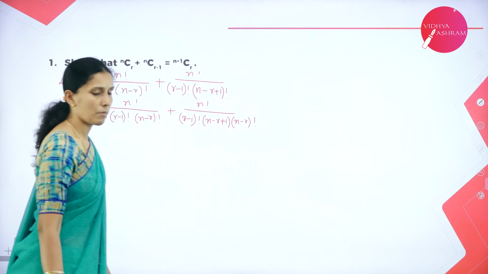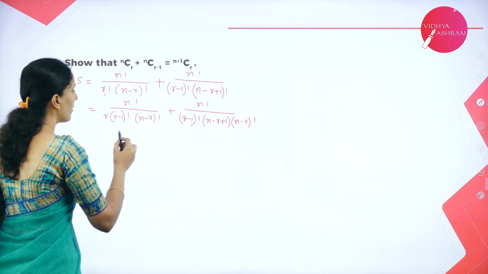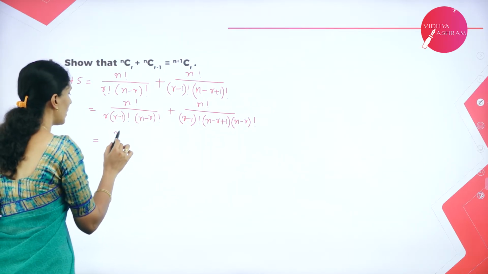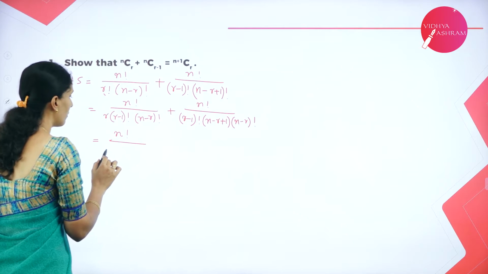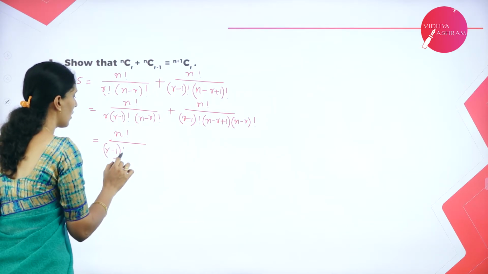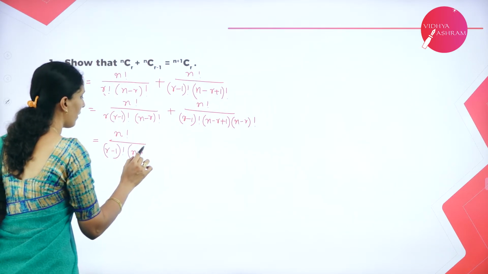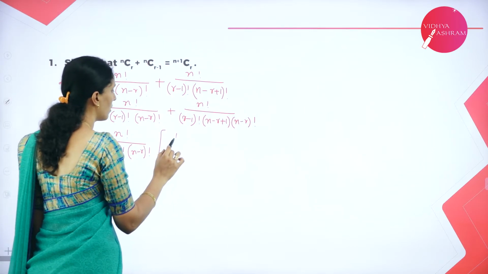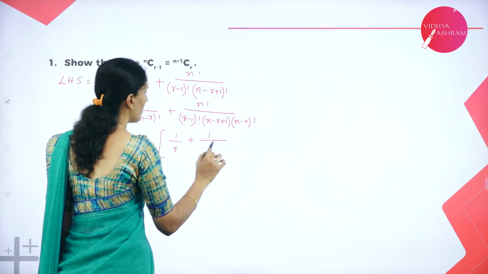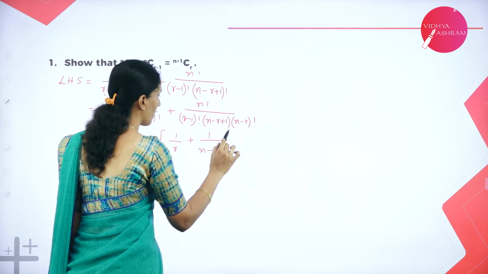What are the common factors in those two? One is n factorial, another is r minus 1 factorial, another is n minus r factorial. So you are left with 1 by r plus 1 by n minus r plus 1.